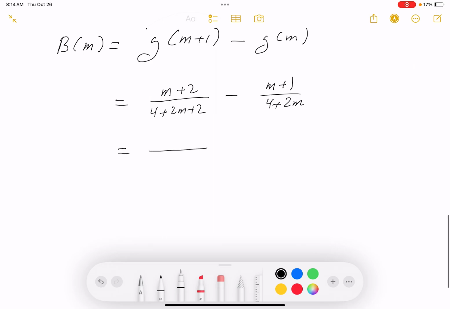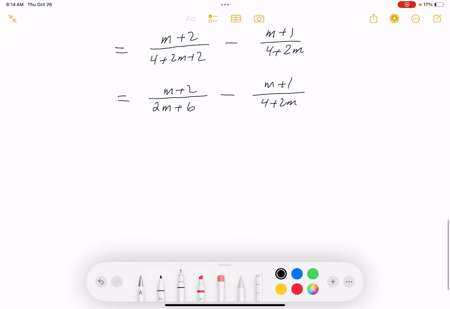All right, I'm going to simplify these things. I'm going to pull them together, by the way. It's m plus 2, and the bottom is 2m plus 6 minus m plus 1 over 4 plus 2m. I need to get an LCD now. This is 2 times m plus 3 minus 2. I'm going to write this as m plus 2 now.